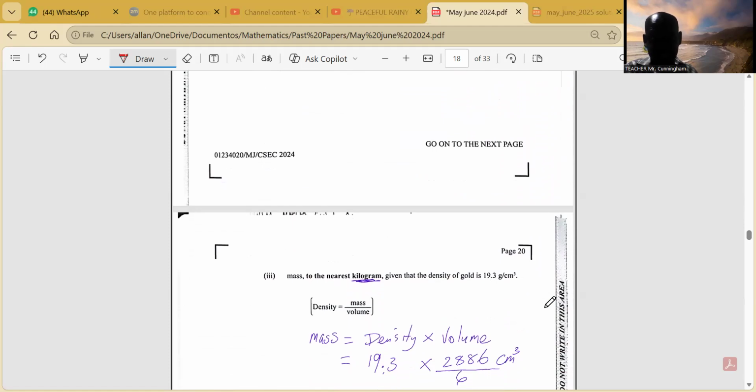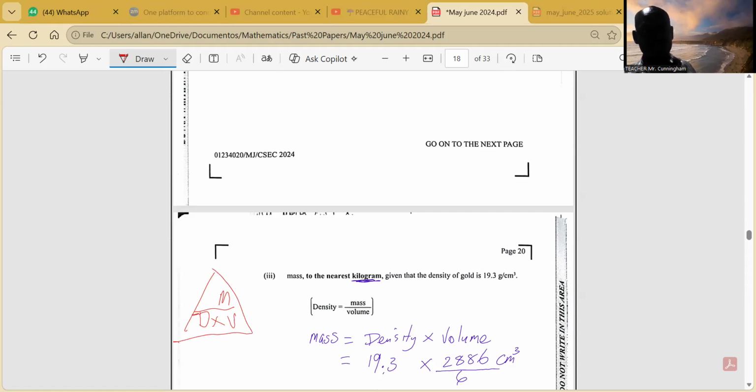Then they ask for the mass. But then I had to do a little extra thinking. Density is mass over volume. If I block off the mass, I want to find mass.